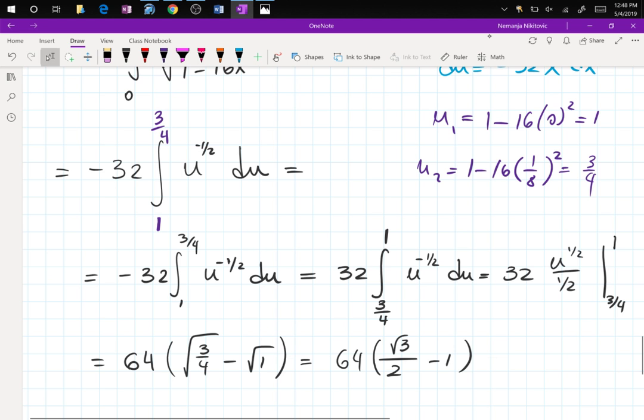Or you can come up with the common denominator of 2 and then get the 32 again. Maybe that would be a good idea. 32 root 3 minus 2. If you come up with a common denominator, then root 3 minus 2 is in the numerator and 2 cancels. Okay, fine, we can do that. Simplified version.